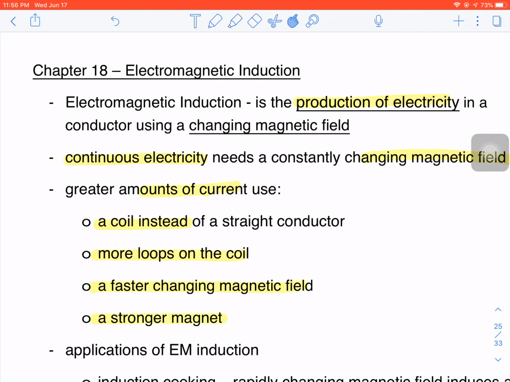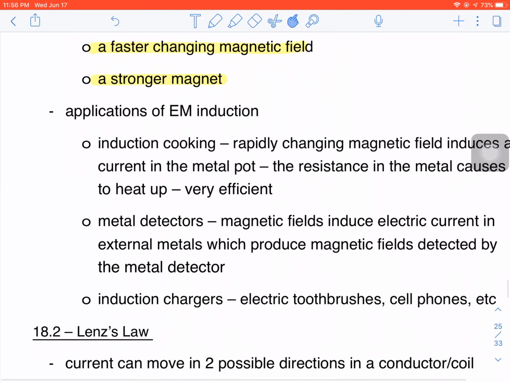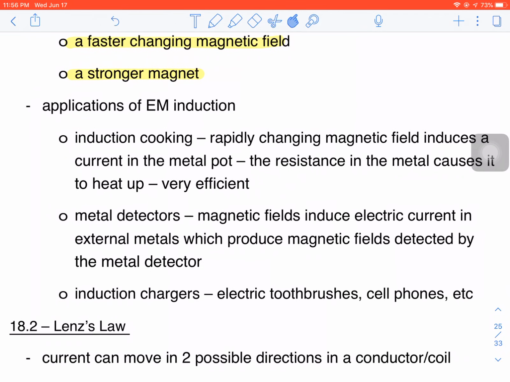Now today in our lives, there are lots and lots of applications for electromagnetic induction. We have induction stoves. Again, my son has one at home where we use a changing magnetic field inside his stove, which will ultimately create the current, electricity, in the pot, which will ultimately generate a lot of heat.